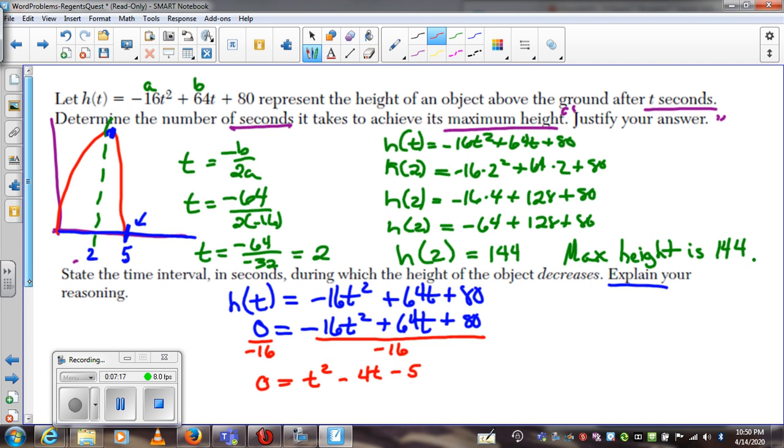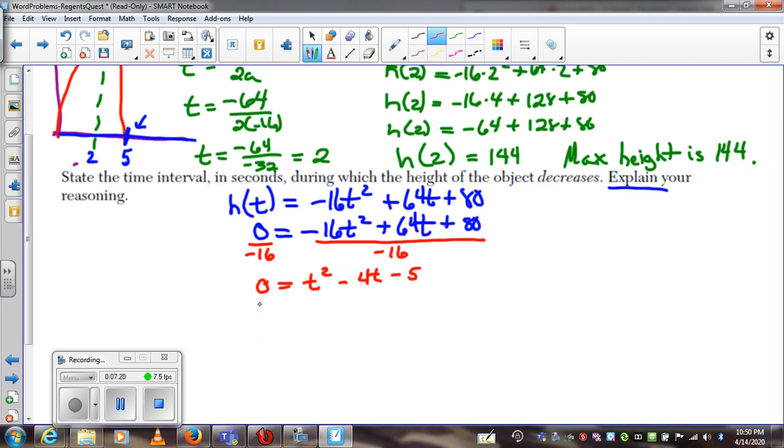So now this makes it so much easier, because now I can look at this and say, what multiplies to negative 5 that adds to negative 4? So I'm thinking negative 5 plus 1.